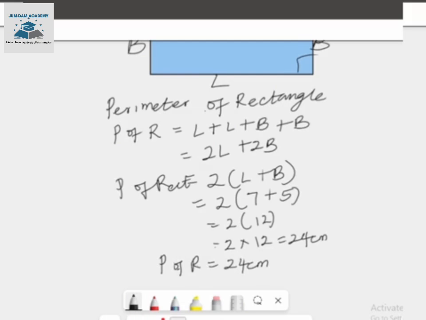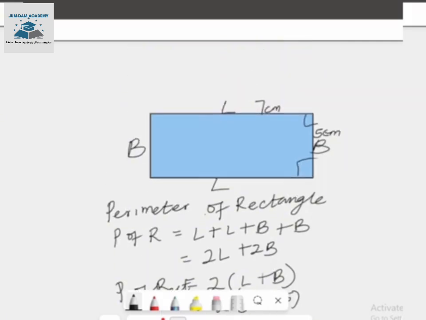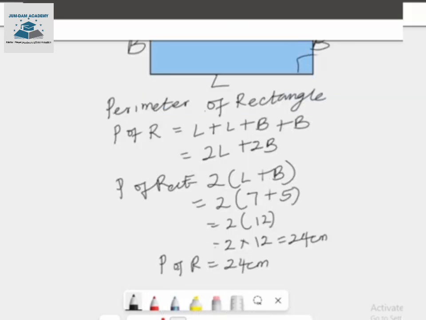So how did I get this centimeter? Actually, length is measured in centimeter, the breadth is measured in centimeter. So according to this question, since we are being told that 7 centimeter is the length and the breadth is 5 centimeter, 7 centimeter plus 5 centimeter will give me 12 centimeter. So that was how I arrived at 24 centimeter. So perimeter of this rectangle is 24 centimeter.